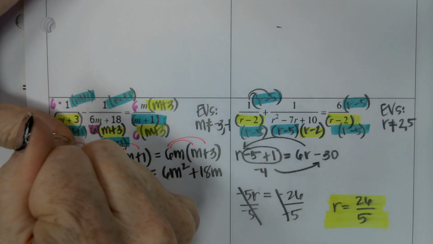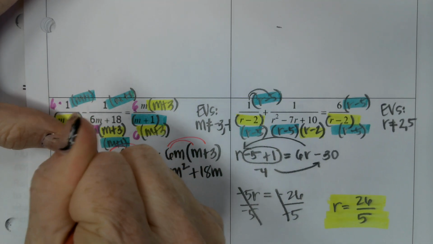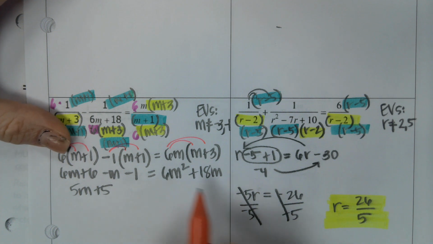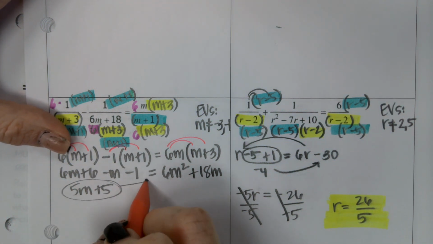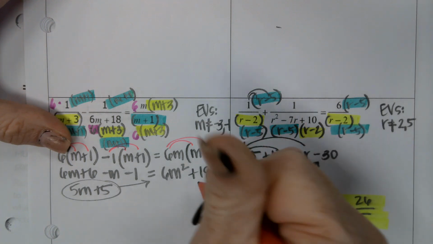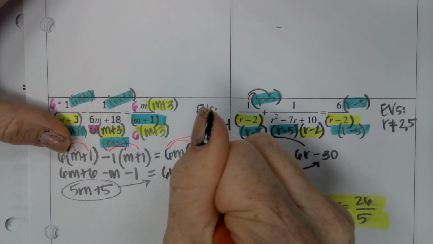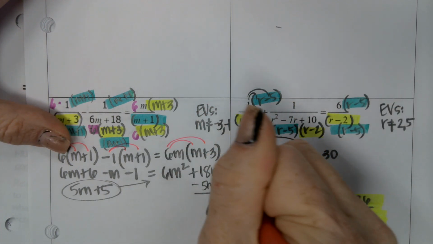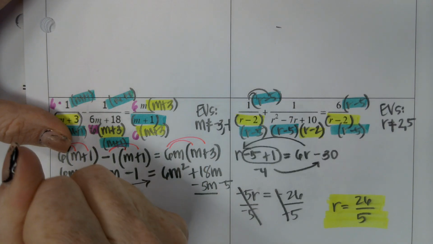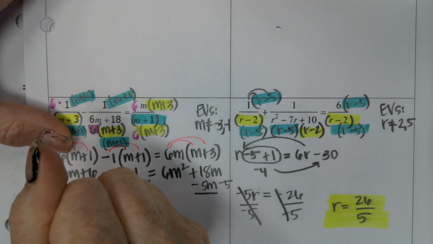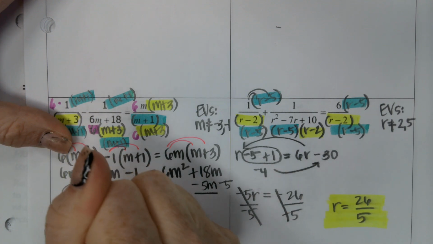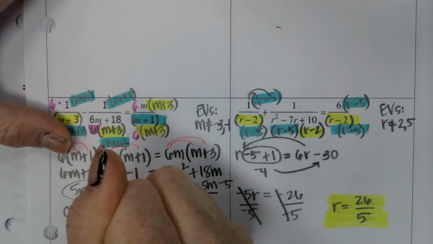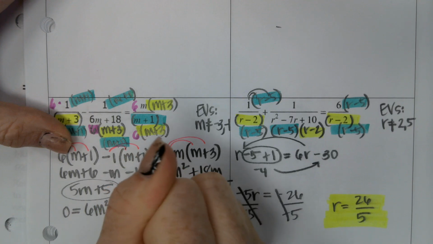So over here, I have 5m plus 5. And since I'm working with a quadratic, I want to take this stuff and subtract it over here. So I'm going to subtract 5m, and I'm also going to subtract 5. So I have 0 equals 6m squared plus 13m minus 5.